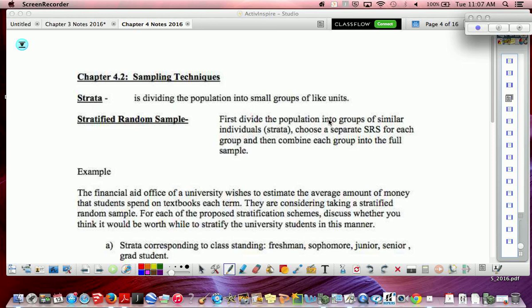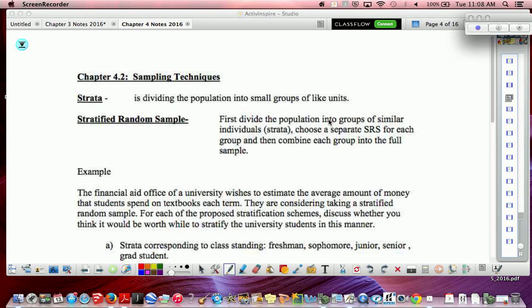So, for instance, in this class, if I wanted to just take a simple random sample of 2 students to represent the opinions of the class, I could very well have in my sample 2 boys or 2 girls. The problem with that simple random sample is, girls might not be represented or boys might not be represented in the sample, and I really want the opinions of both genders.